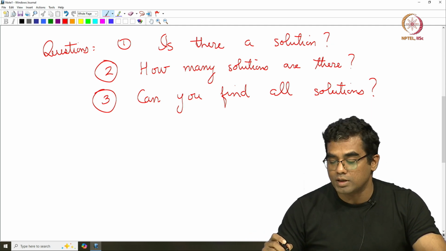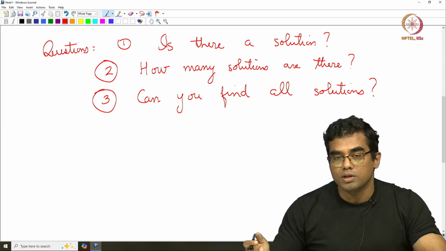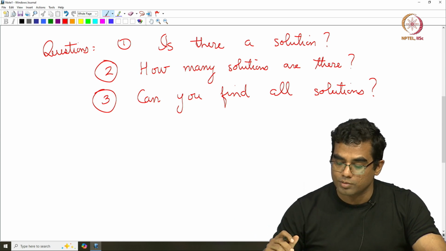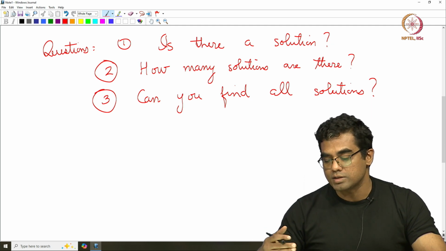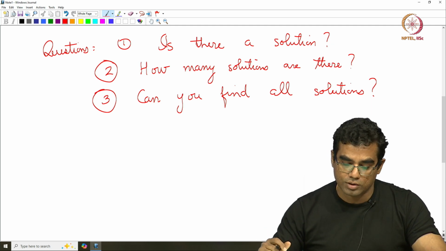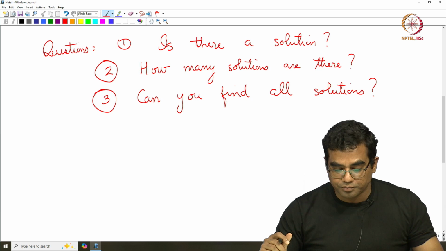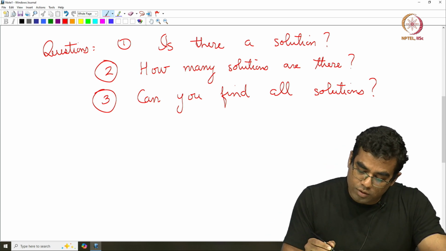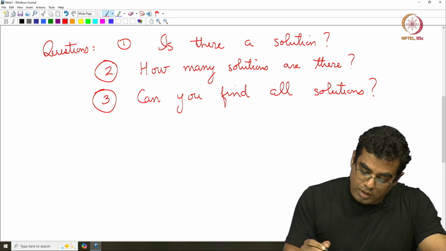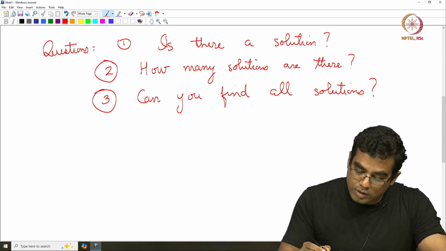Okay. If there are finitely many, can you give an algorithm that will stop in a certain number of steps to find all solutions? If there are infinitely many, then is there a good way of describing all those solutions, etc. And so, we can go back to our example, or we can look at other examples.